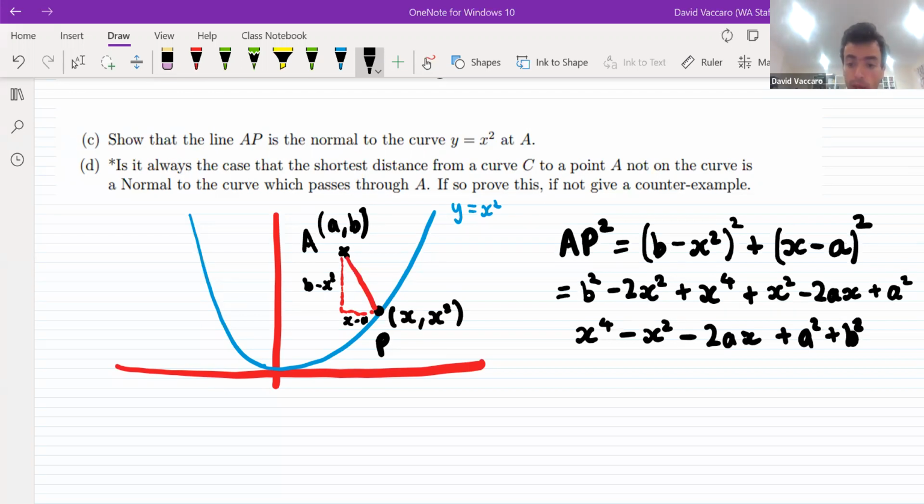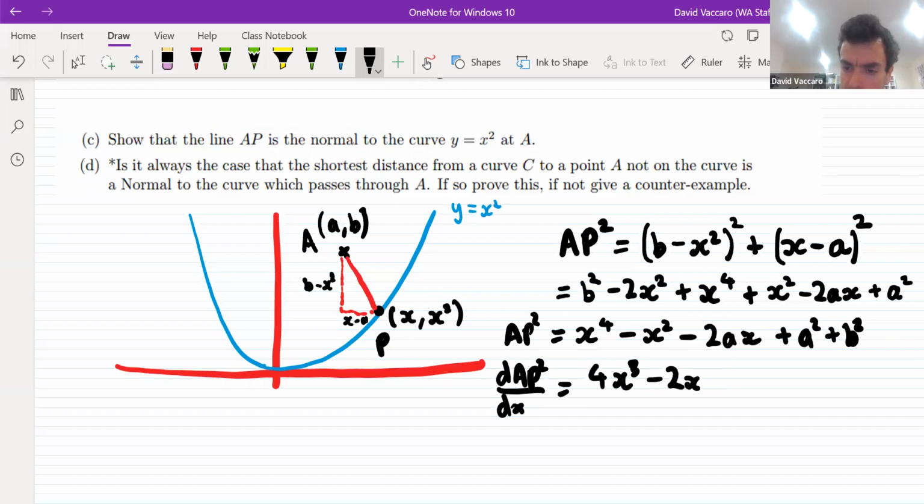What I want to do now is I'm asked to differentiate. So I get d(AP squared)/dx is equal to 4x cubed, and I'm worried that I don't get a b anywhere.